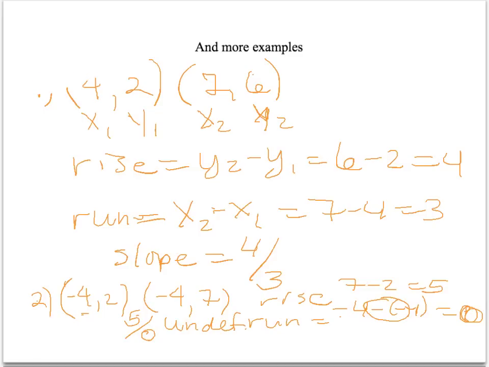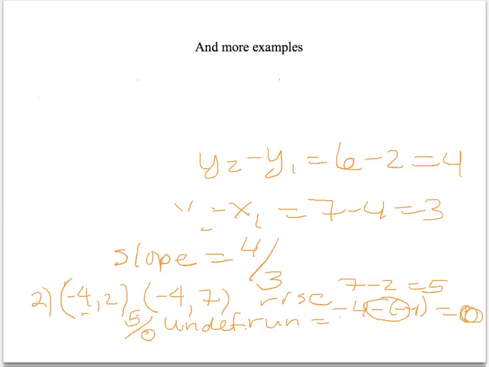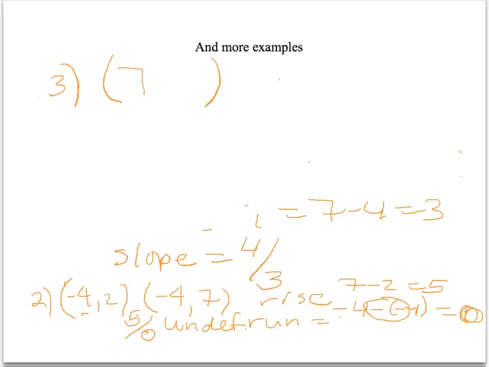One more example. Let me erase this one. What if I gave you something like my x is 7 and my y is 5, my x is 10, and my y is 2. Okay. I'm going to label these x1, y1, x2, y2.